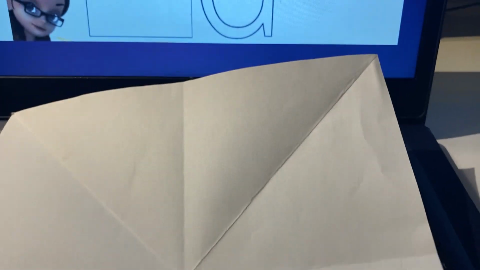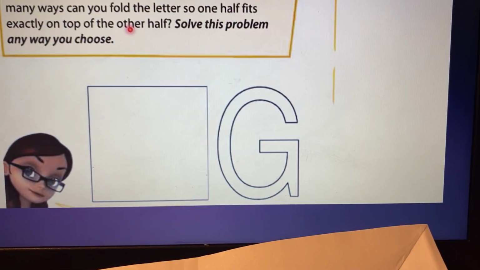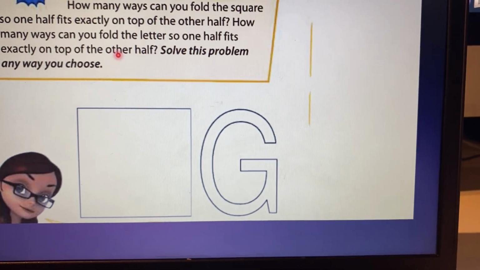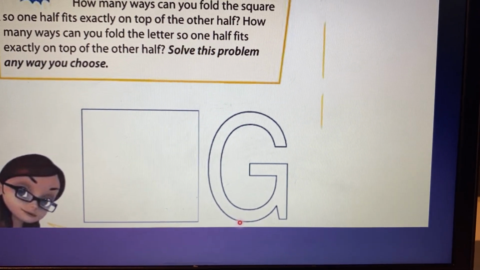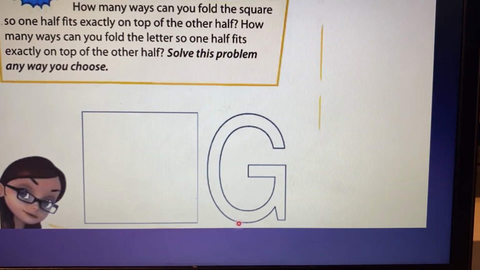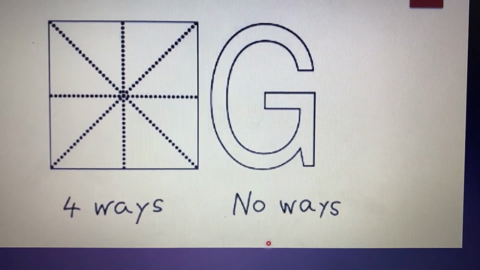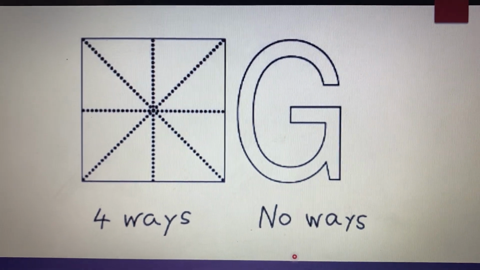So this is number 4. Let's count them with each other: 1, 2, 3, 4. So I have 4 ways that I can fold the square. Okay, now let's look at letter G. I can't fold it in any way, so no way. 4 ways for the square and no ways for the G.